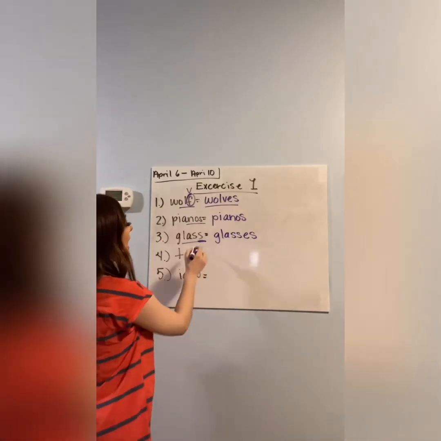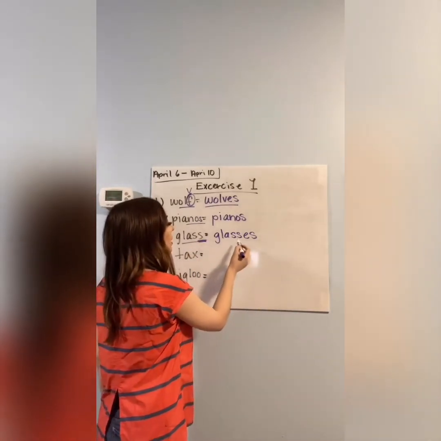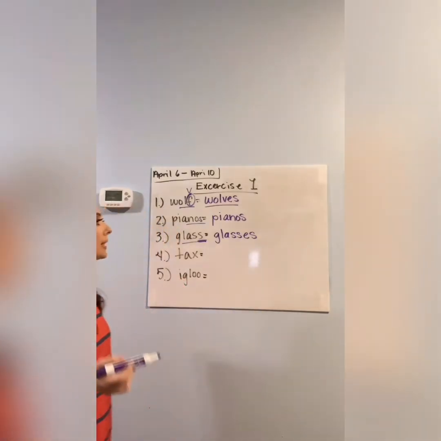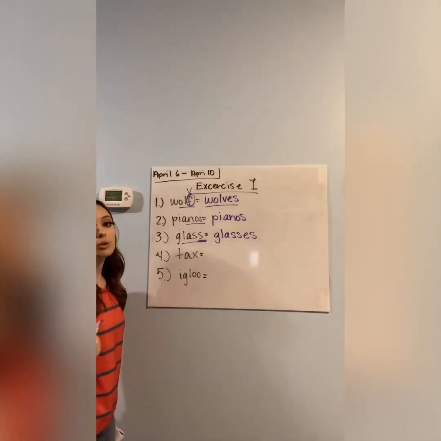Again, glass ended with an S, so all we had to do was add on an ES to make it plural. Because in one of our rules, it said that when we have a noun that ends in S, like glass, or SH, CH, X, or Z, all we would have to do is add an ES to make those words plural.